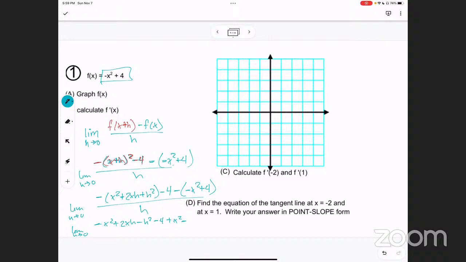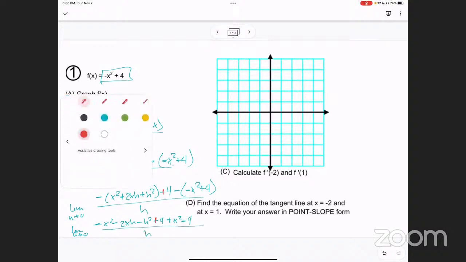Distribute that in, this should be a minus here now. Sorry, I made that mistake. Okay. Oh, and this should be a plus 4, man. All kinds of mistakes. This should be a plus 4 here. There we go. I knew something wasn't right because it had to cancel out. So this is plus 4h minus 4 all over h.